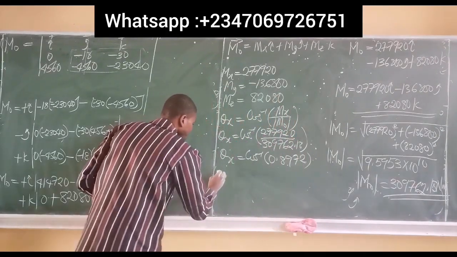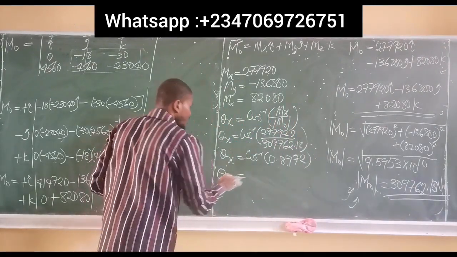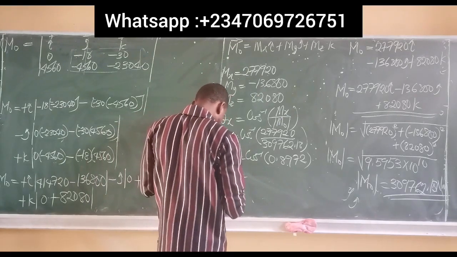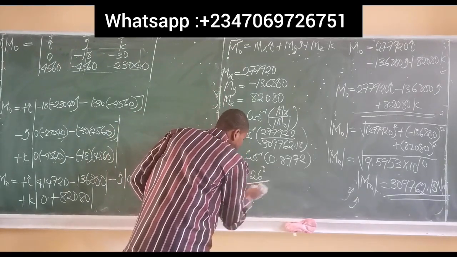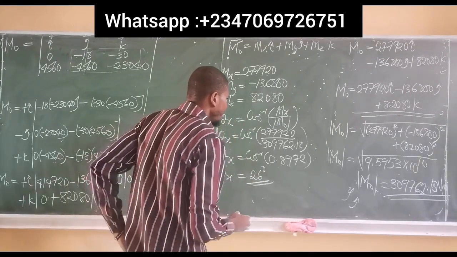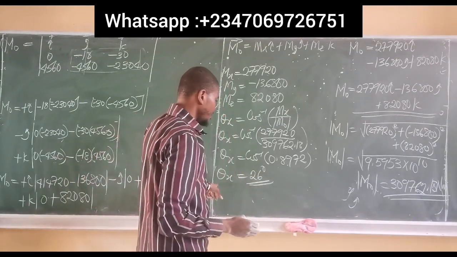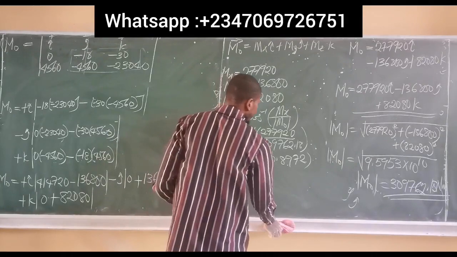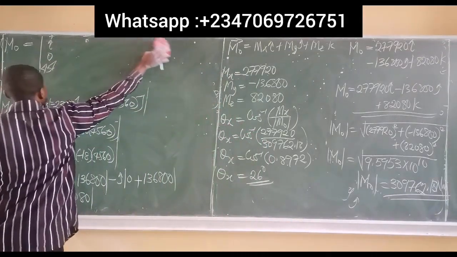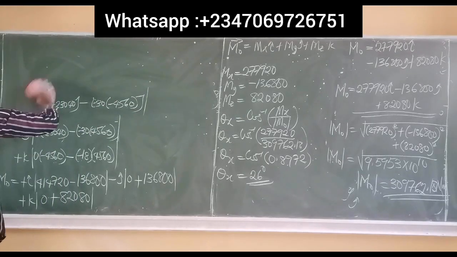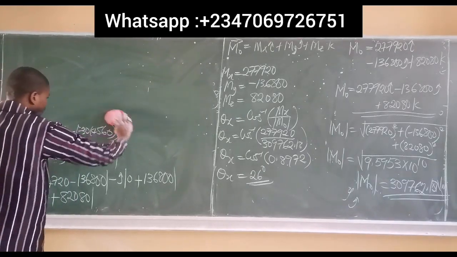In order to find theta x, of course, we take the cos inverse of that value. So cos inverse gives us approximately 26 degrees. So the directional cosine angle in the x-axis is 26 degrees.